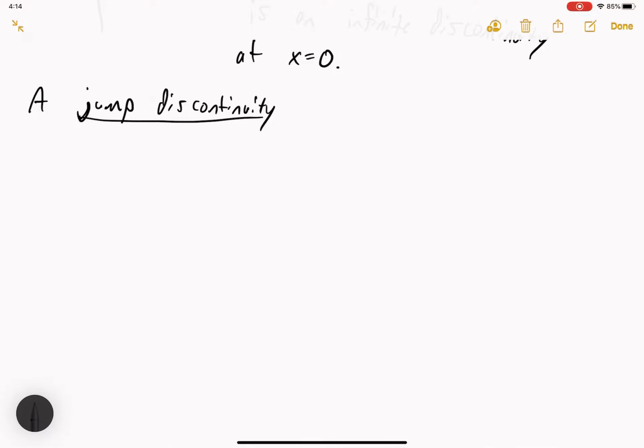The idea just means that the function jumps from one value to another. And again, I'm going to put jumps in quotations because that's not a very accurate mathematical word, but it's a good idea to describe what happens.